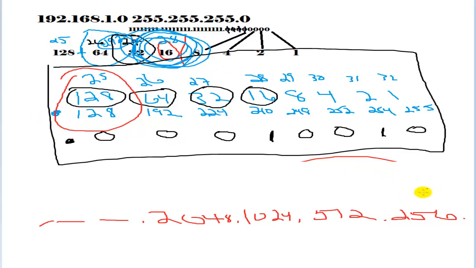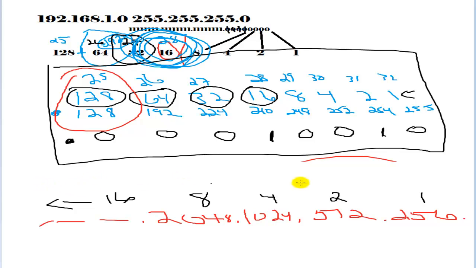Your values would still be the same. So this would still be the first bit, this would still be the first bit, this would be the second bit, this the fourth, and then 8, and then 16, and that would keep going following this pattern. That would initiate your networks.